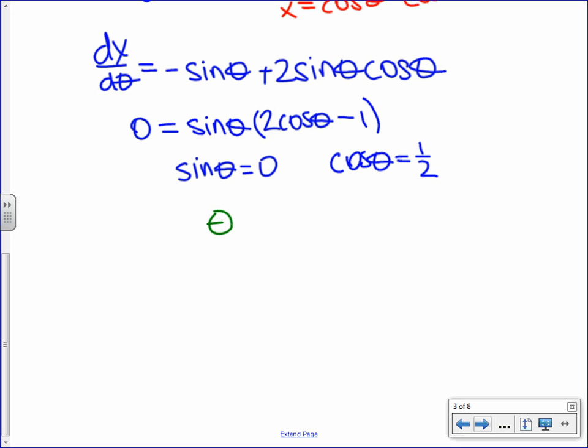So this happens at 0, pi, and 2 pi. Do you agree? Yes. As well as pi over 3. Okay.